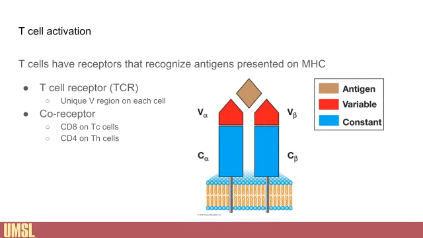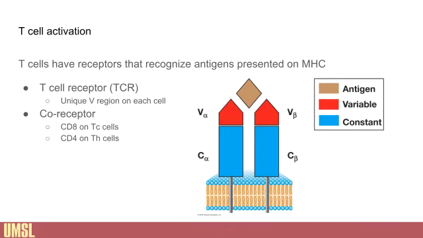So you can imagine there's a million T cells, and they all basically see a million different things. And this is the result of genetic variation in this region of the gene producing these T cell receptors.